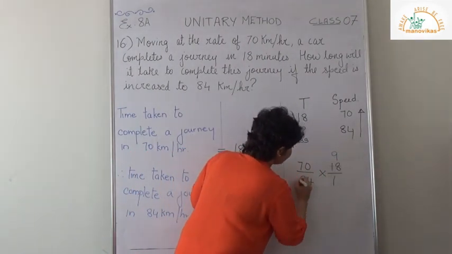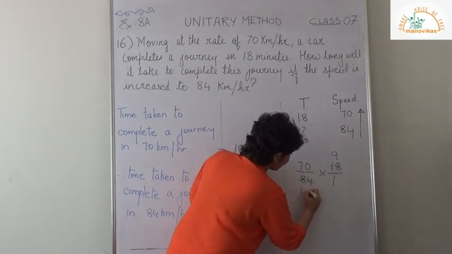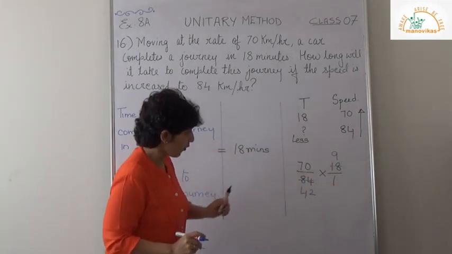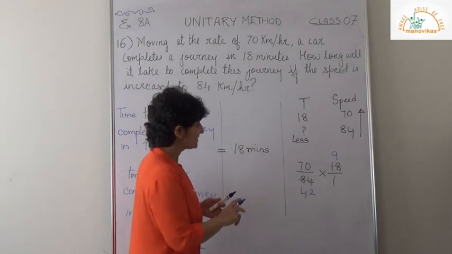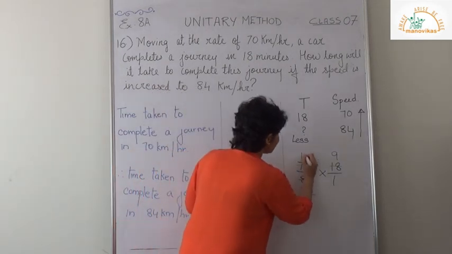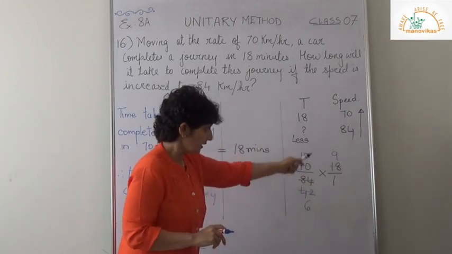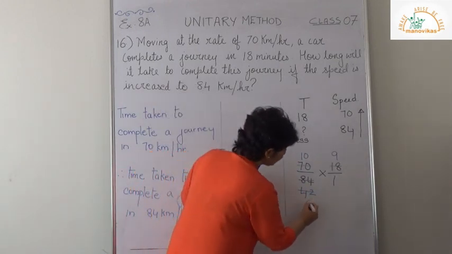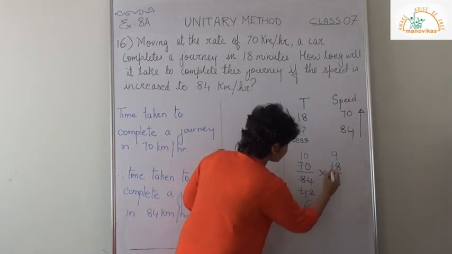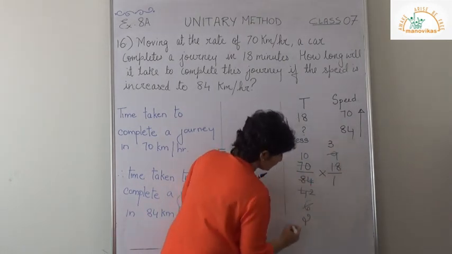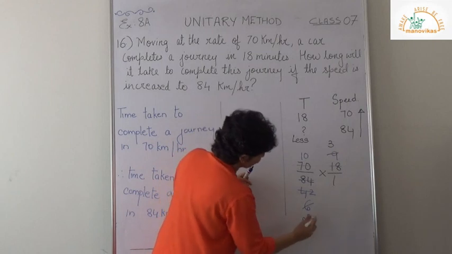2 9s are 18. 2 4s are 8. 2 2s are 4. I can take the table of 7. 7 10s are 70. 7 6s are 42. Again 6 and 9, table of 3. 3 2s are 6. 3 3s are 9. Let me just rewrite, children. What did I get?